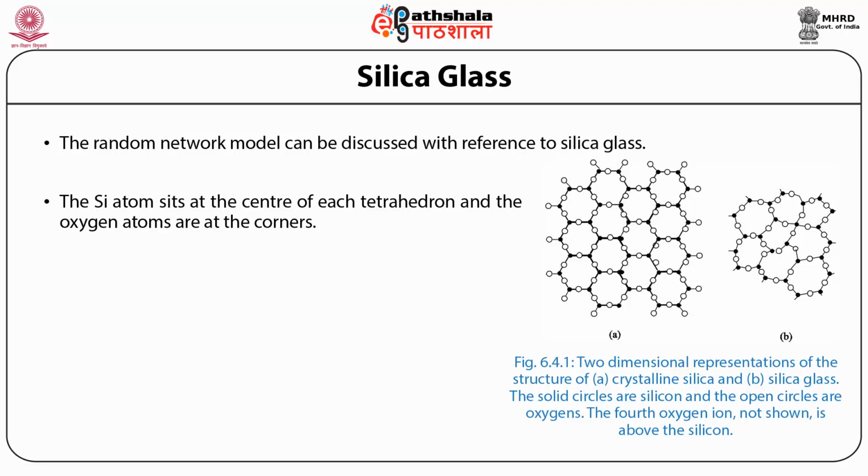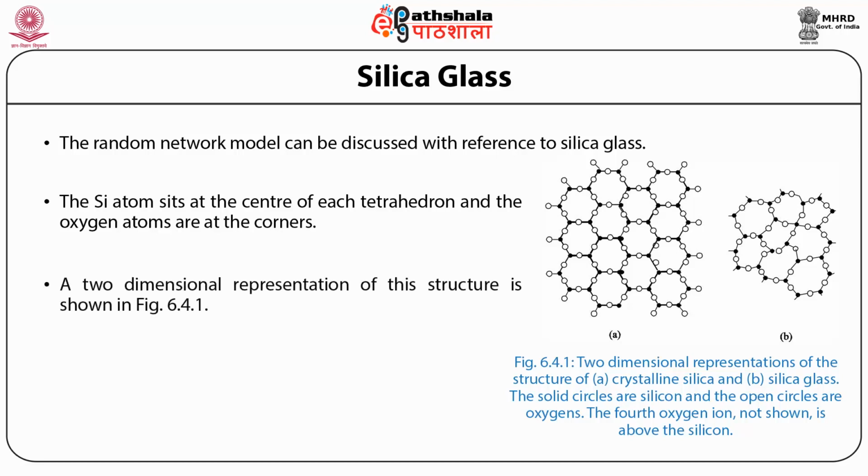So students, you can see a two-dimensional representation of this structure below. This is the two-dimensional representation of the structure of crystalline silica, shown in figure A, whereas figure B is of silica glass.